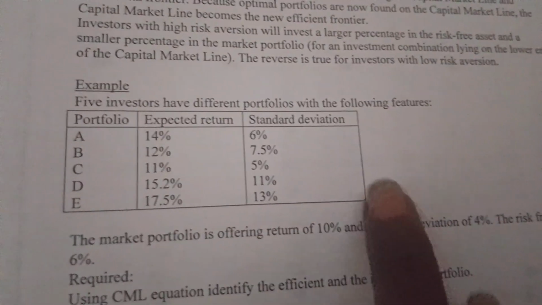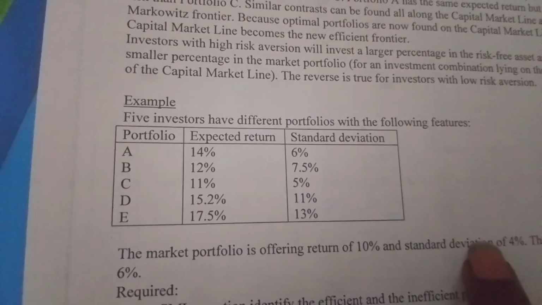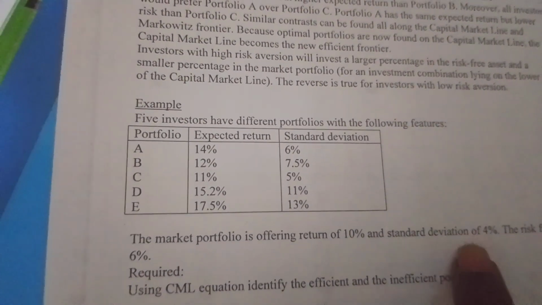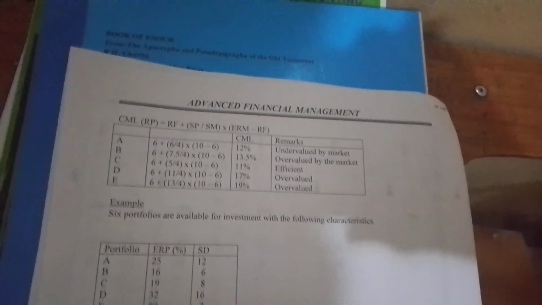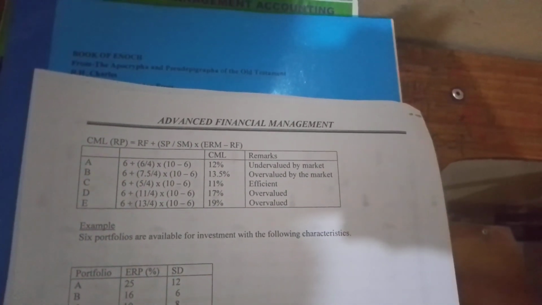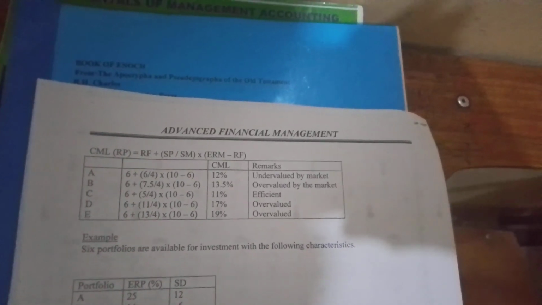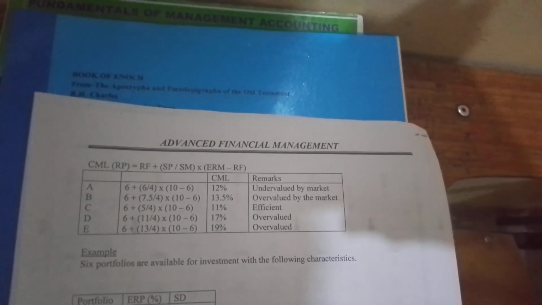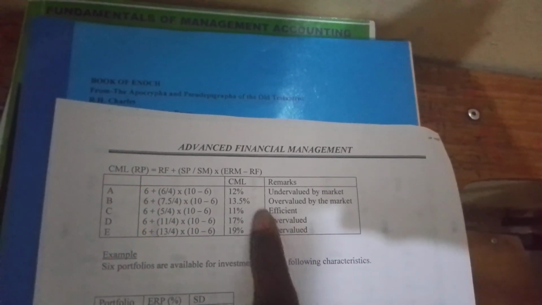The SM will be the standard deviation of the market, a constant standard deviation of the market. So you divide by 4. Then you multiply by the expected market return, which is 10, minus the risk-free rate, which is 6.